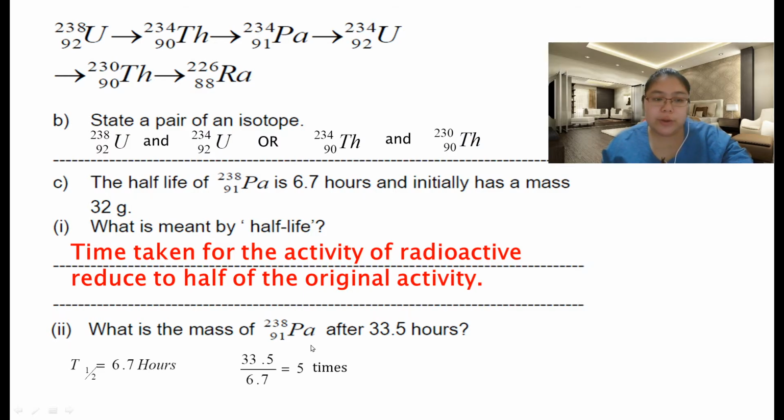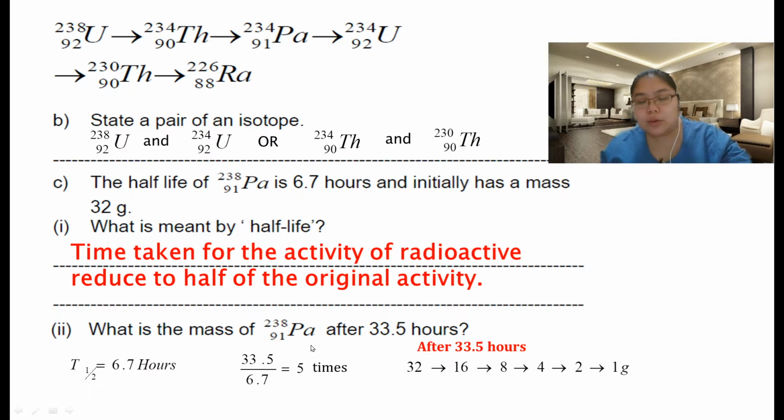So when I do the calculation, I find there are 5 times. That means you need to divide by 2, divide by 2, divide by 2, 5 times. Then I need to know how much Pa is finally left, still not yet decayed. So from here, 32 divided by 2, divided by 2, divided by 2, 5 times. Finally, just 1 gram left. After 33.5 hours, 32 gram decays until 1 gram is left.